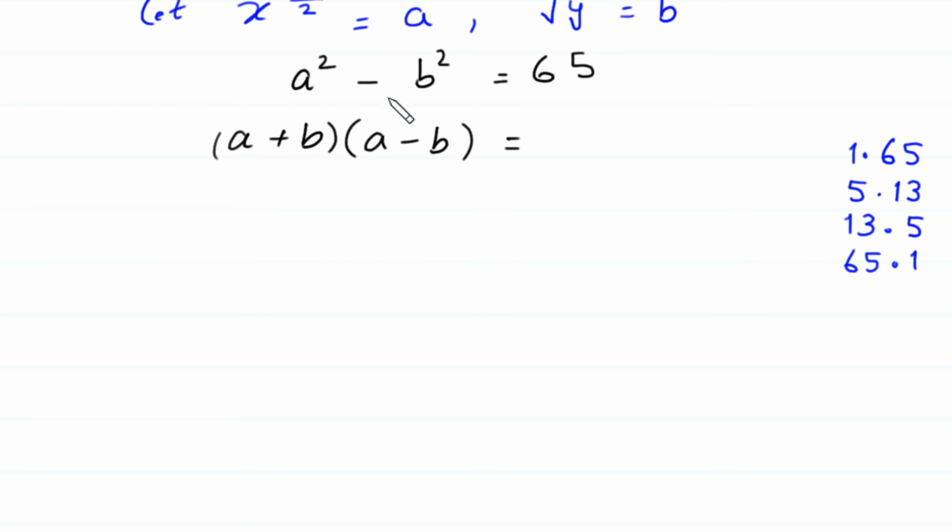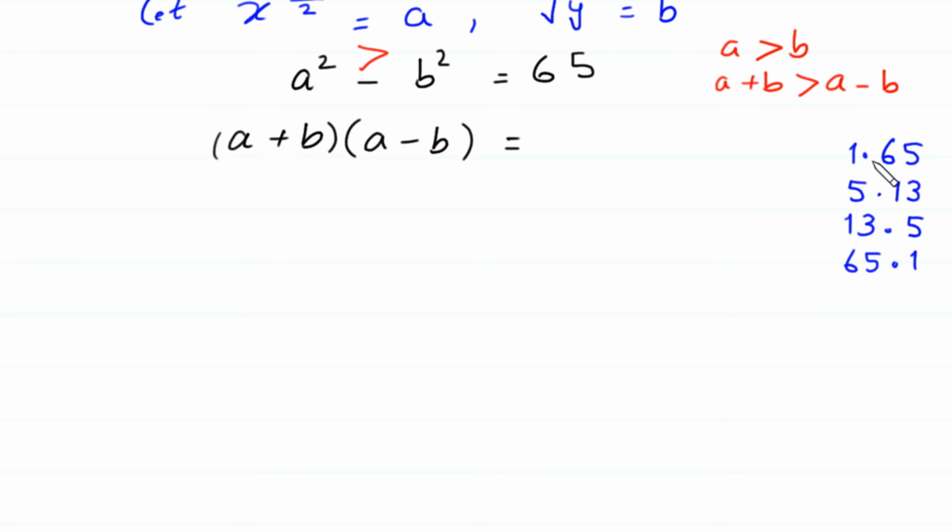From here you can see that a squared minus b squared is equal to 65, a positive number. It means a squared is greater than b squared, and a is greater than b. So a plus b must be greater than a minus b.